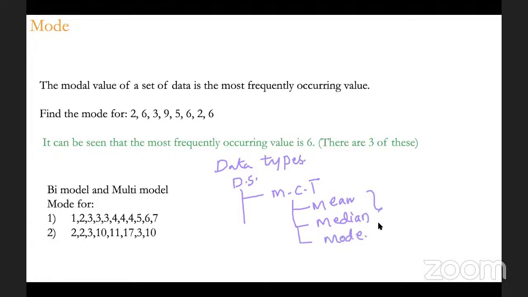Now we are going to discuss measures of variance or variability: variance, standard deviation, and range.